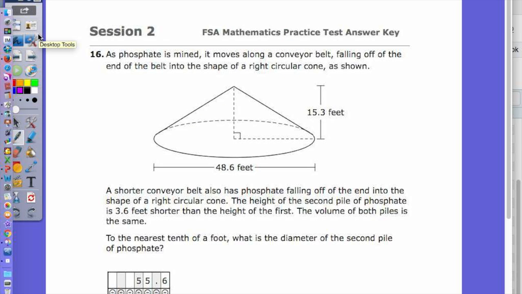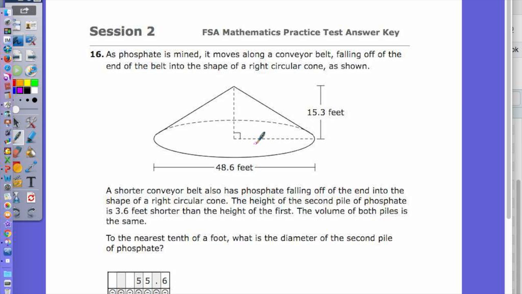Number 16. A lot of you left this blank, and I'm not really sure what the problem is. You have a pile of phosphate there. It is in the shape of a cone. You're going to have a second pile that's going to be equal in volume to this one. So the first thing I'm going to do is find the volume of this pile of phosphate.